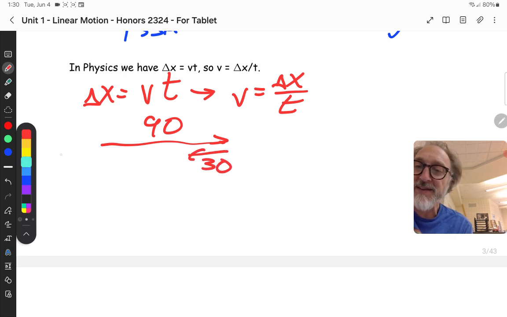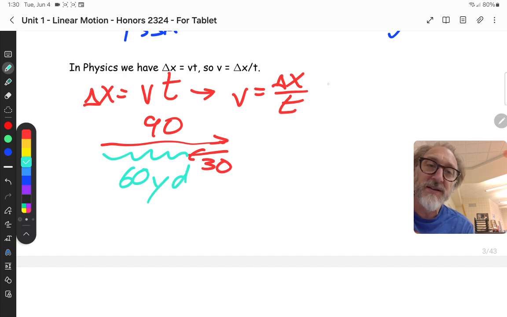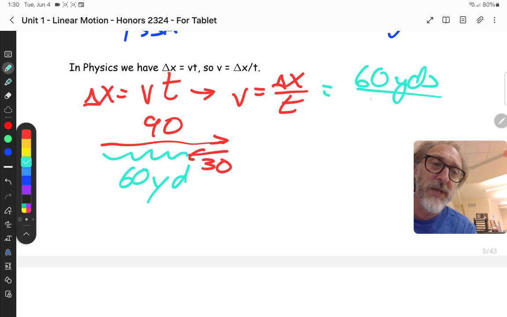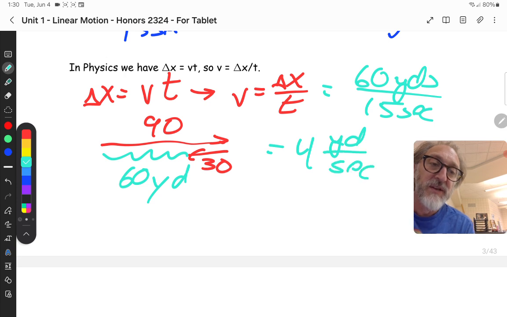But in the end, he was only 60 yards from where he started, right? So his displacement is 60 yards, and that took him 15 seconds. So he averaged only 4 yards per second, right? So this is what we call his average velocity.